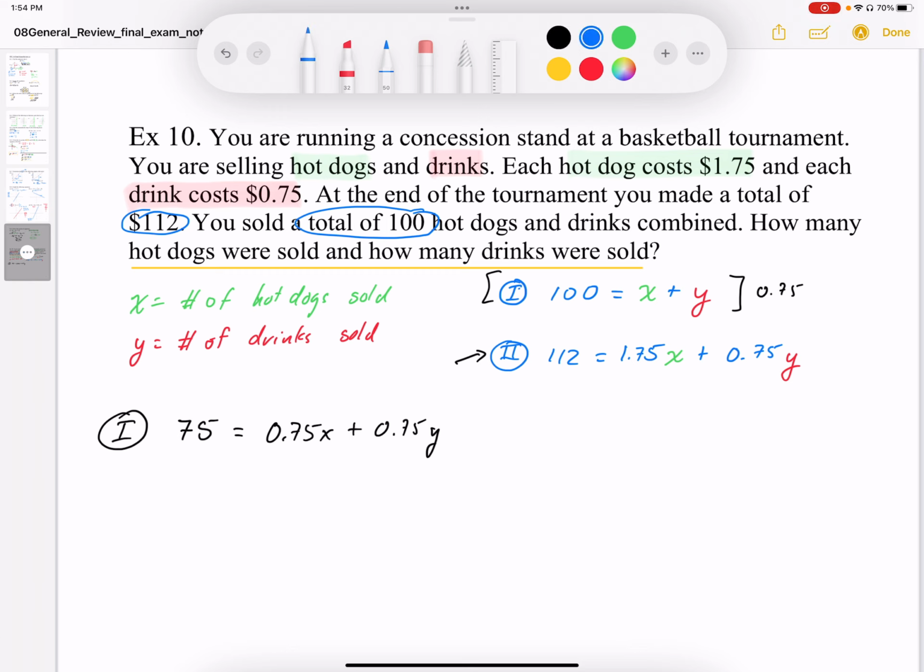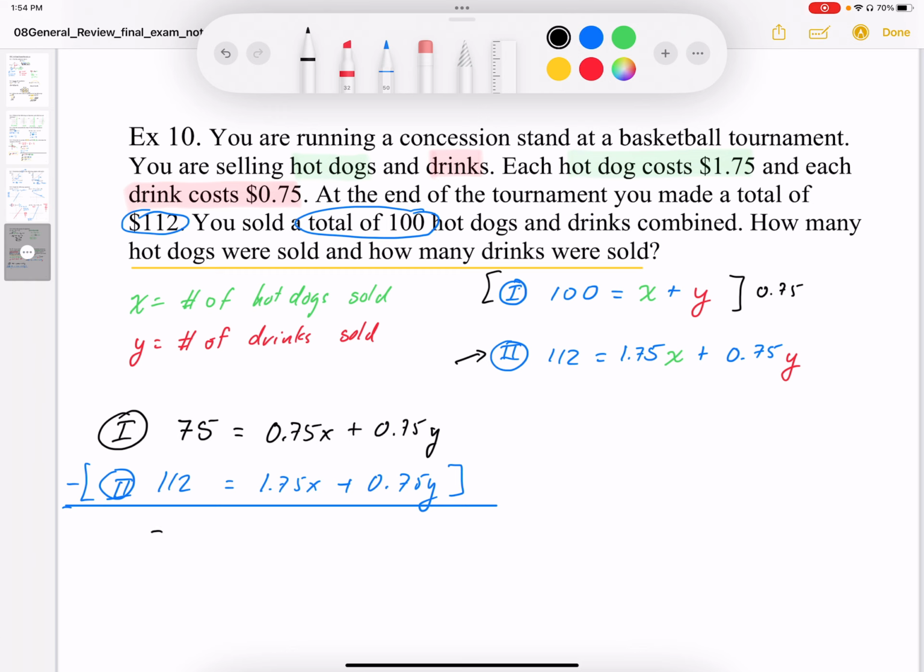So I'm going to take that equation 2, $112 is equal to 1.75x plus 0.75y. I'm going to subtract that blue equation, and I am going to end up with a new equation. My new equation is going to be 75 minus 112.